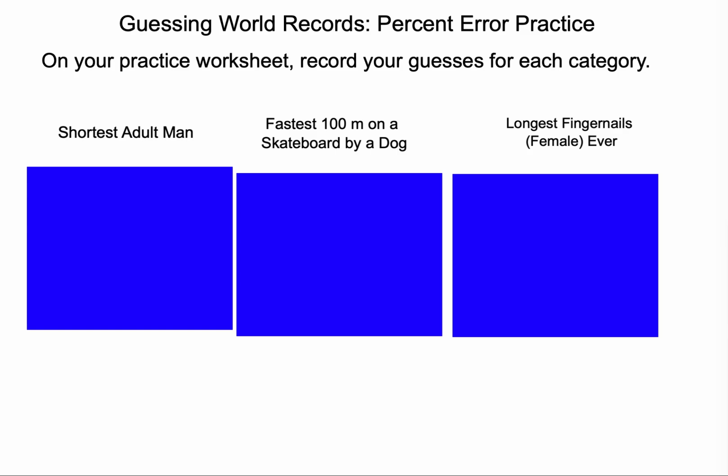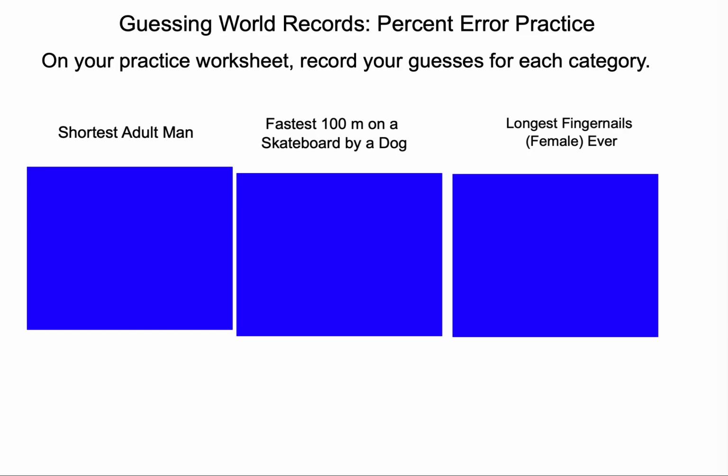So for the shortest adult man, you're going to put how tall you think that person is, and how fast you think the skateboard by a dog is, and the longest fingernails by a female ever. You're going to go ahead and put in some numbers on your worksheet or your Google Doc, depending on which one you're working on, and pause the video, and then you're going to calculate your percent error. So go ahead and pause and write down your guesses.